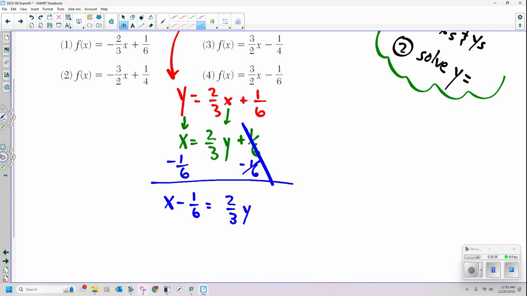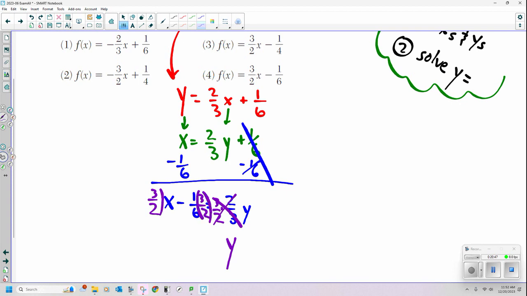In order to get rid of a fraction, I multiply by its reciprocal, so I'm going to multiply this times 3/2. These cancel, and I just have my y. What I do to one side, I have to do to the other side. So I multiply this by 3/2, and I multiply this one by 3/2.